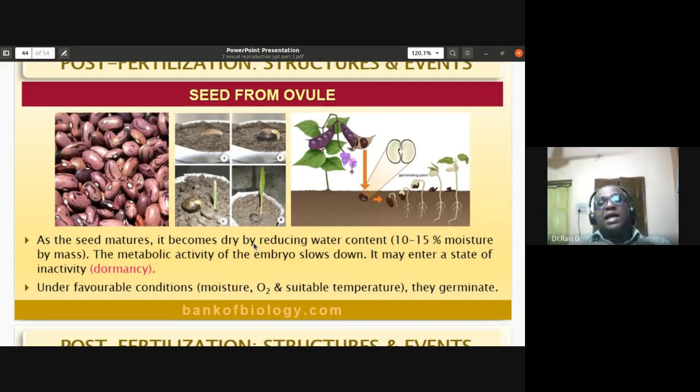The metabolic activity of the embryo slows down, and the seeds enter into an inactive state which we call dormancy. This is seed dormancy. Some seed dormancy may last a day, and some seed dormancy lasts thousands of years.